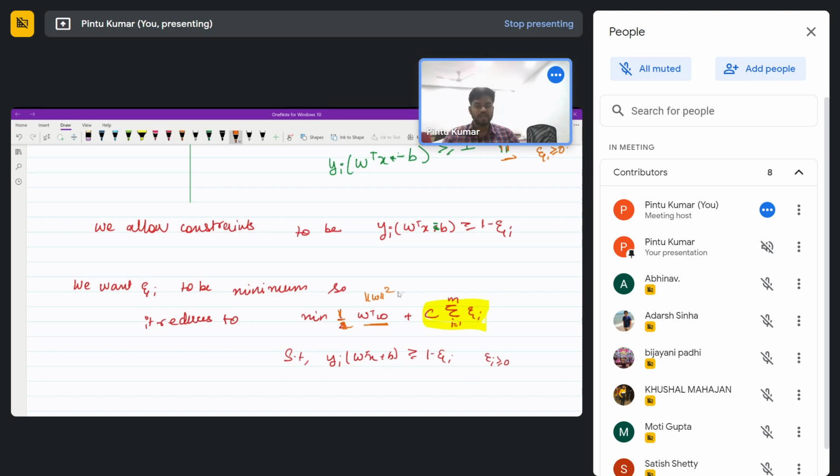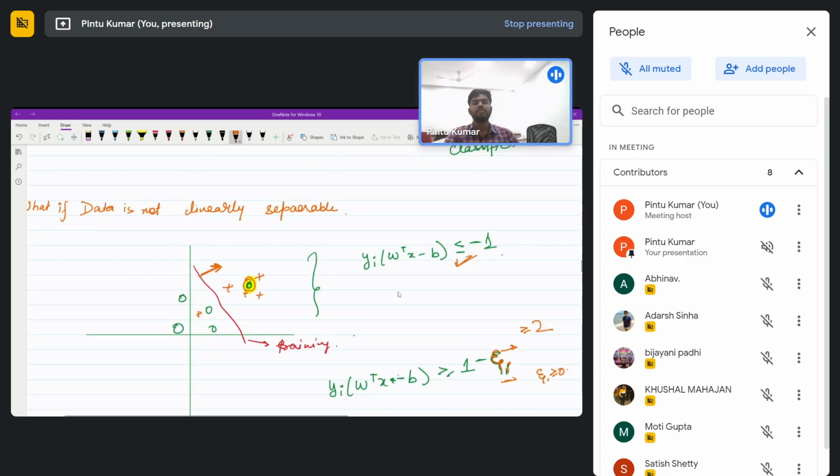Subject to these constraints, that yi into (w transpose x plus b) or minus b, that is up to you, you can change your notations, is greater than or equal to 1 minus xi. Now, if I'm allowing the error, I don't want my hyperplane to be something like the orange line that I drew towards the end.